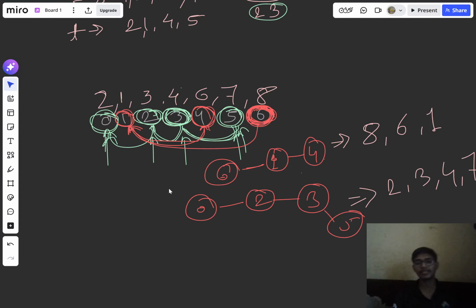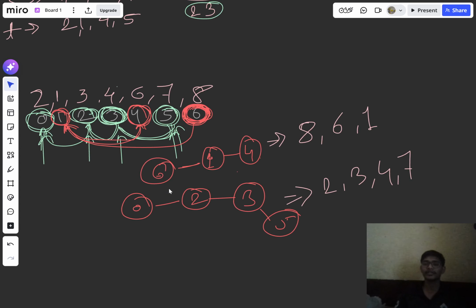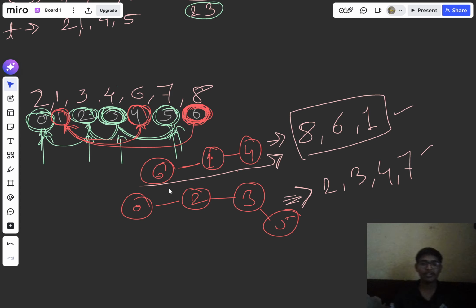So this graph's numbers can be moved to any of the indices in that particular graph, and the numbers present in the other graph can also be moved to any of its indexes. Now 8, 6 and 1 we can move towards any of them.